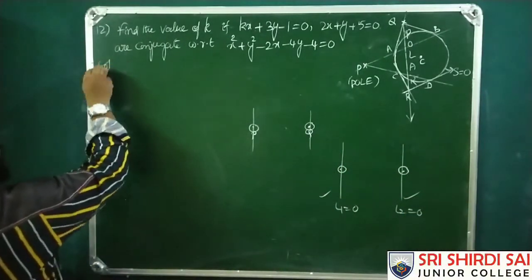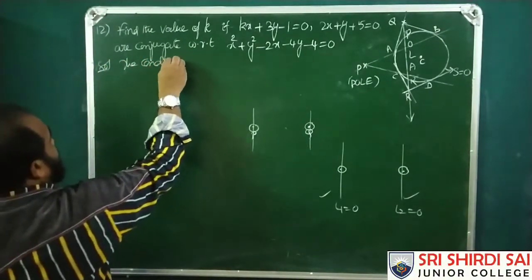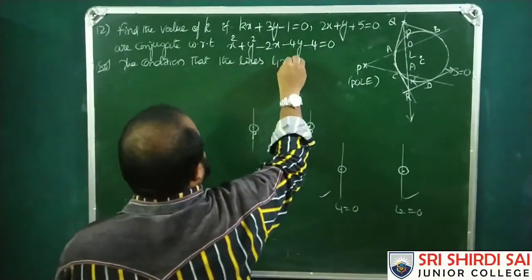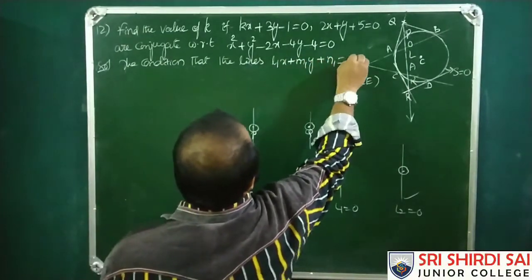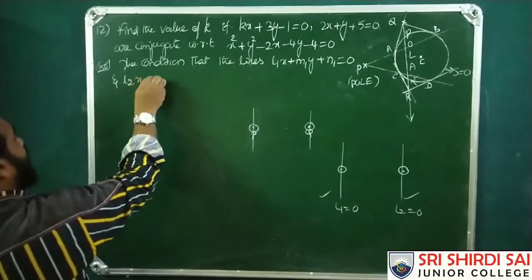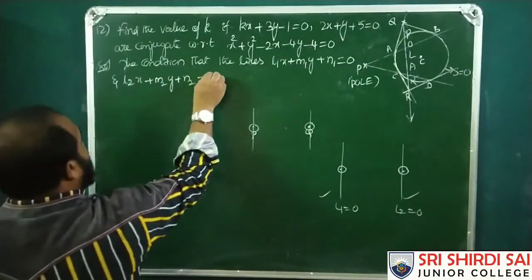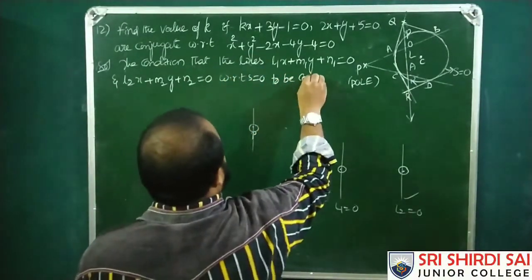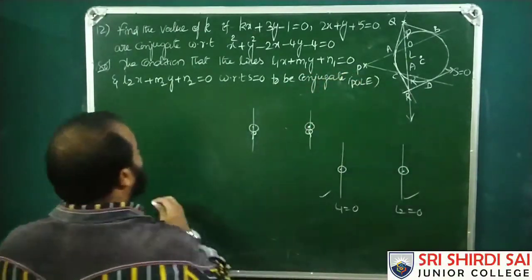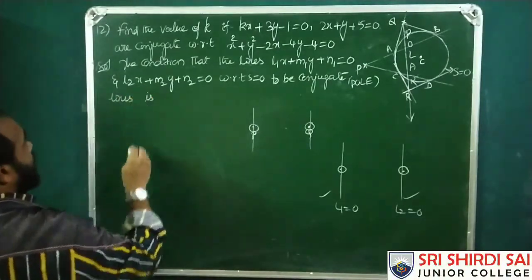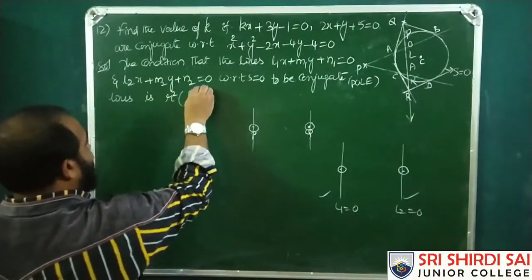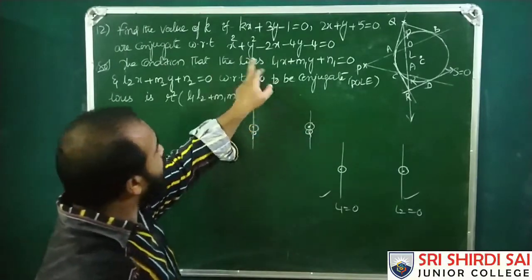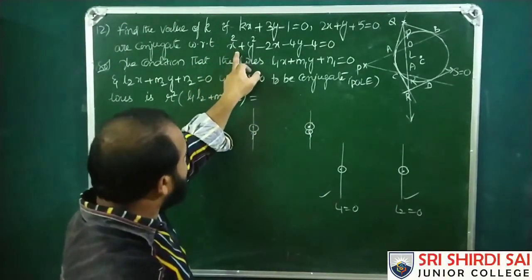So we have the condition that the lines L1x plus M1y plus N1 equals to 0 and L2x plus M2y plus N2 equals to 0 with respect to circle S equals to 0 to be conjugate lines is R square into (L1 L2 plus M1 M2) equals to (M1 L2...) for the standard equation of the circle x square plus y square equals to R square.